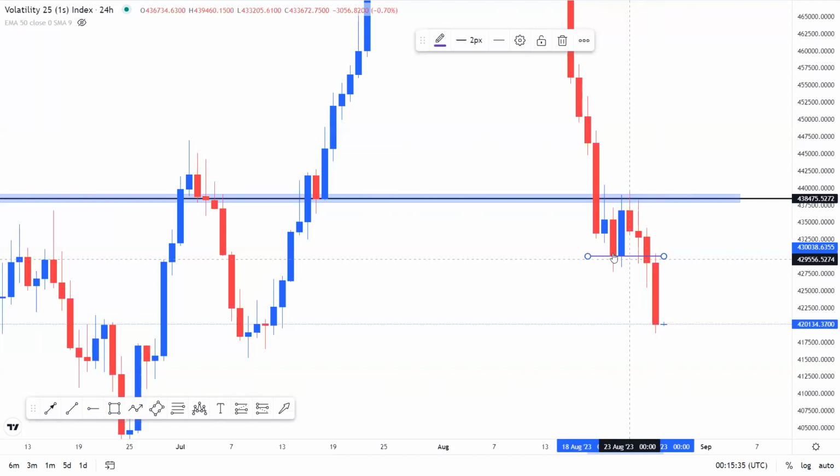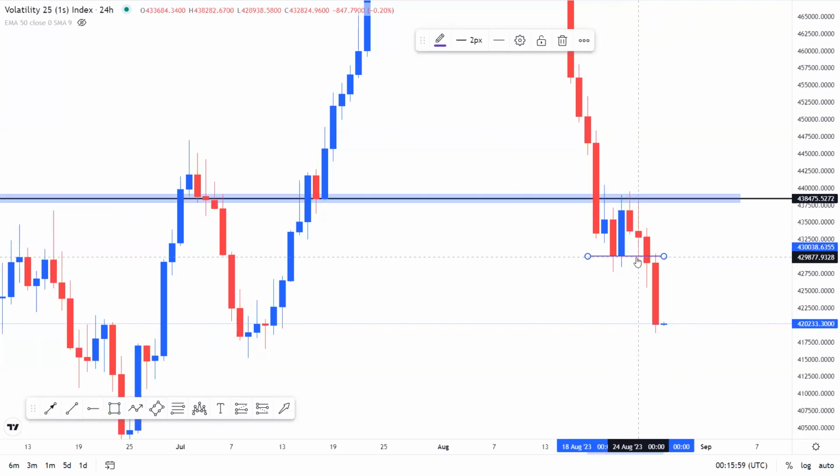But pay attention to the daily candlestick closes right here. So we had the break of the level, the initial retest of the level, and then we bounced off from the level, had a nice bearish sell, and then we closed just at this level right here, and then we're back to the upside again.